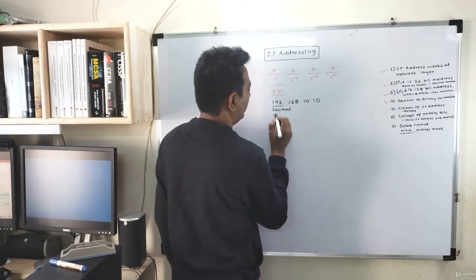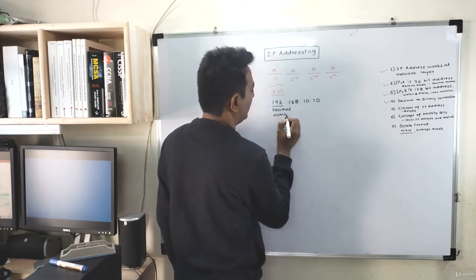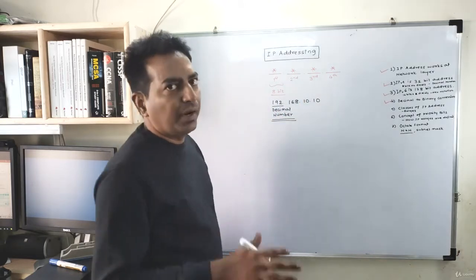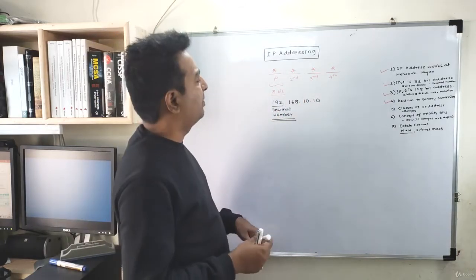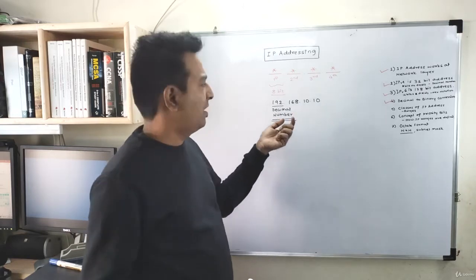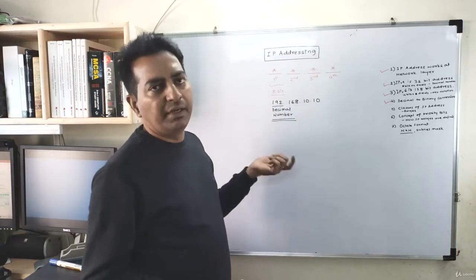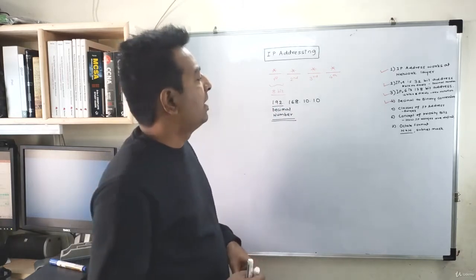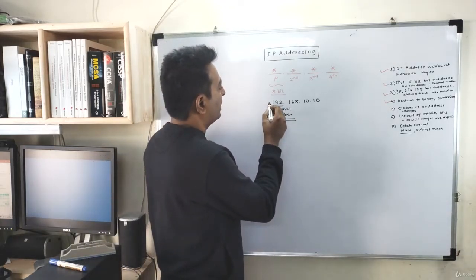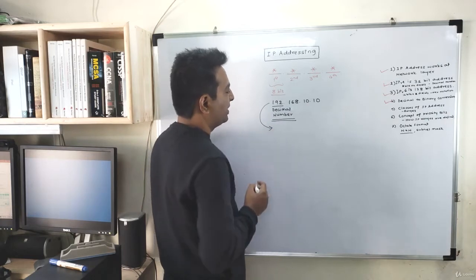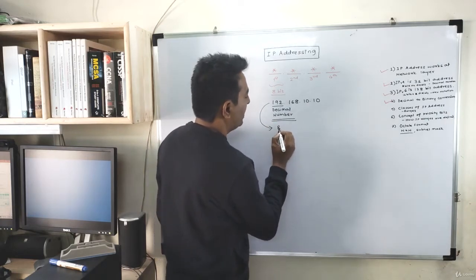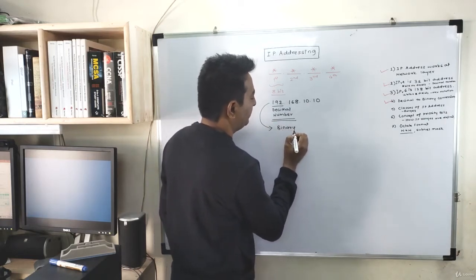Okay, the reason for using decimal format while assigning an IP address is because it is familiar. Anybody can easily identify that it is 192, right? But in the back end, the computer understands this in the binary format.